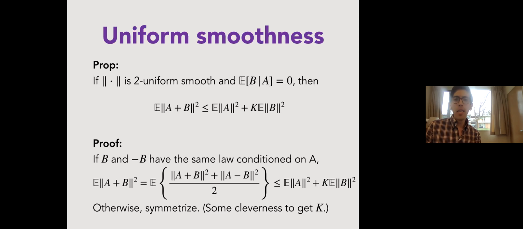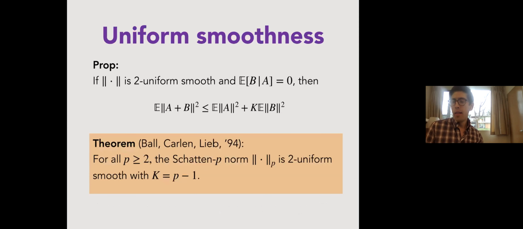And now we come, as I said, to the only non-trivial fact that we use entirely, which is a deep theorem of Ball, Carlen, and Lieb, that the Schatten P norm is 2 uniform smooth. In the same way that I said the development of matrix Bernstein required one non-trivial fact from matrix analysis, you need something that allows you to recapitulate your proof.